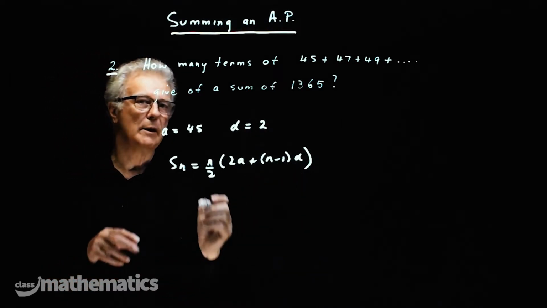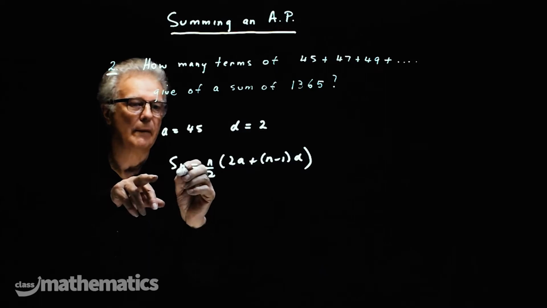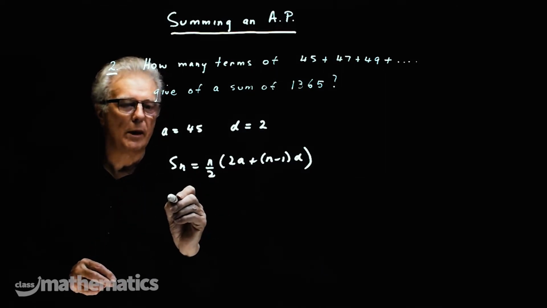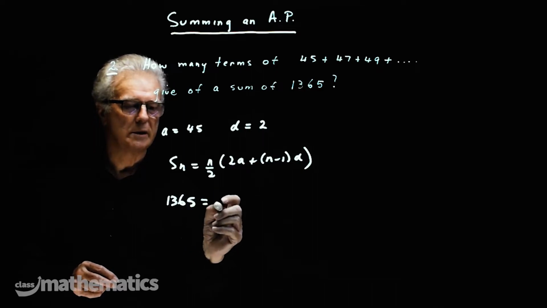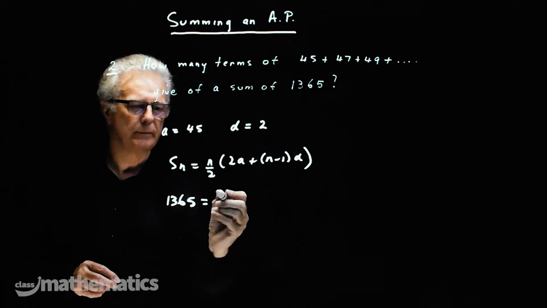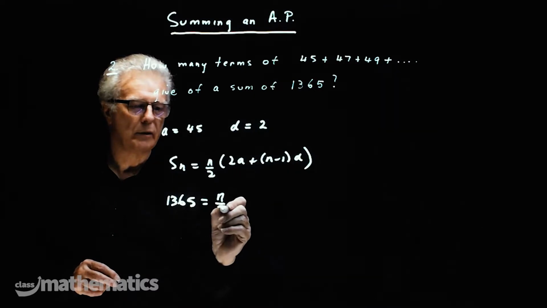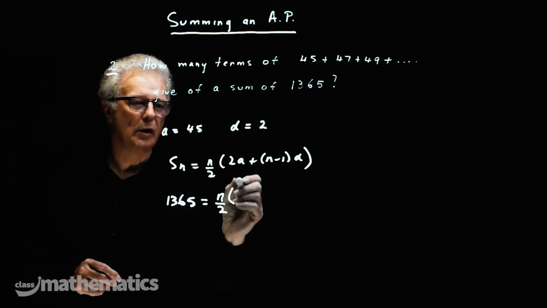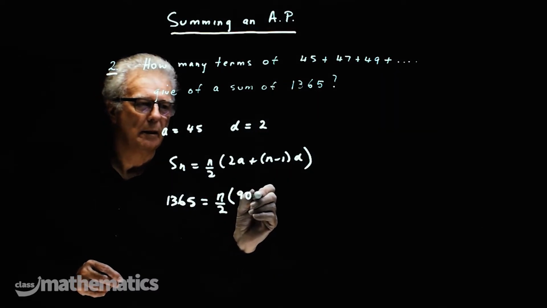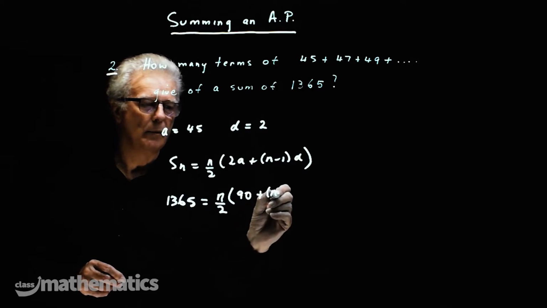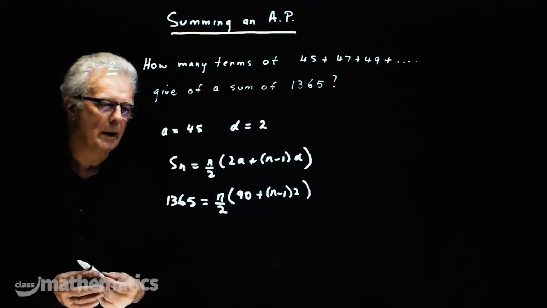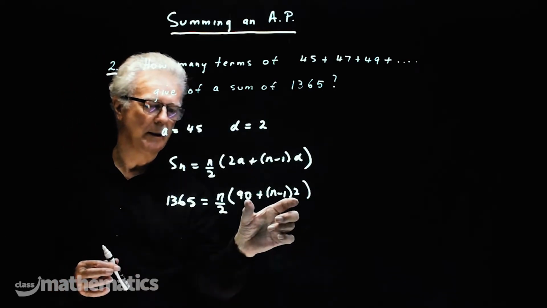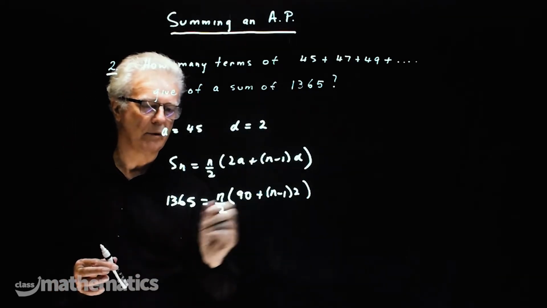Alright, now we know what the sum is, it's this number here. So what I'll do, I'll write down 1365 equals n, we don't know, over 2 into (2 times a is 90 plus (n minus 1) times 2). And we notice there's a common factor here of 2, so I'll just take that 2 and get rid of it.